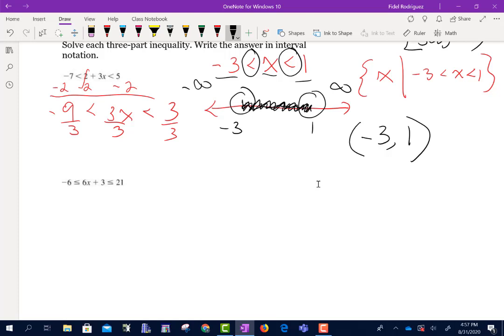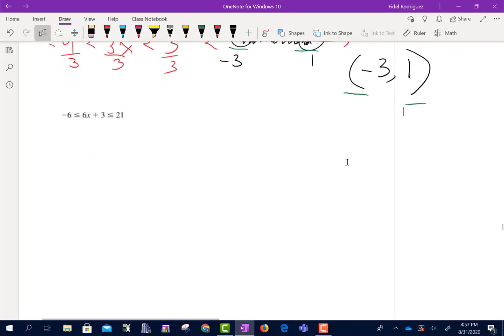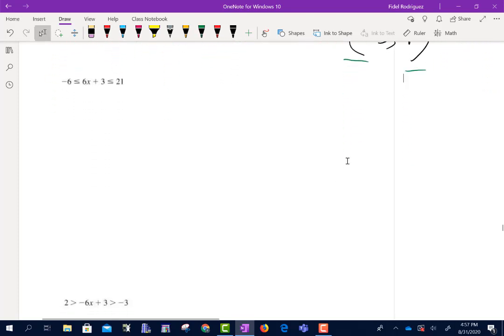Since those circles are left open, we're not including the numbers. If we're not including the numbers, we're going to use parentheses, okay? So when those circles were filled in and we were using the numbers, we use brackets. Because these circles are open, I'm using parentheses. Alrighty.